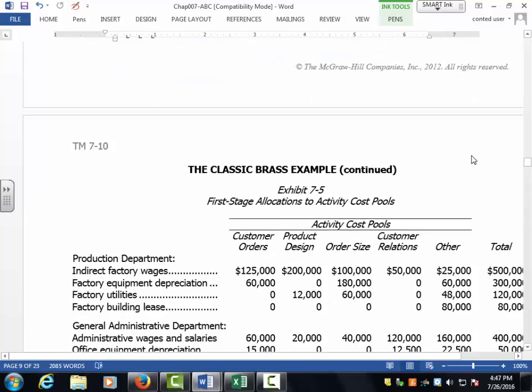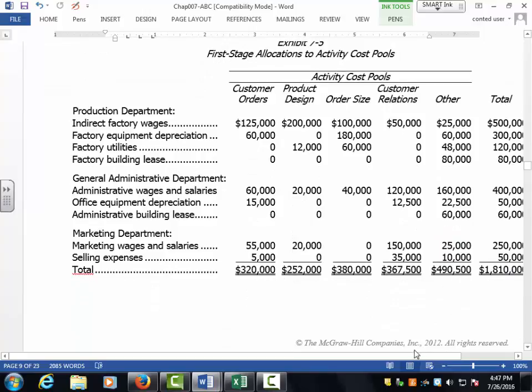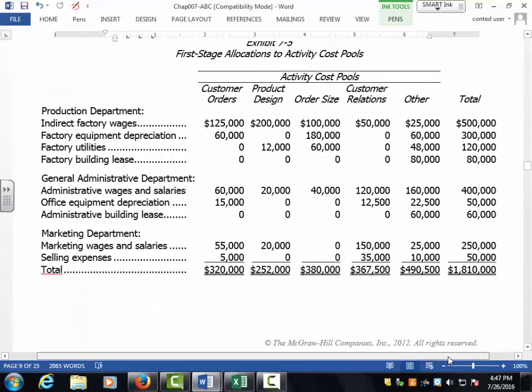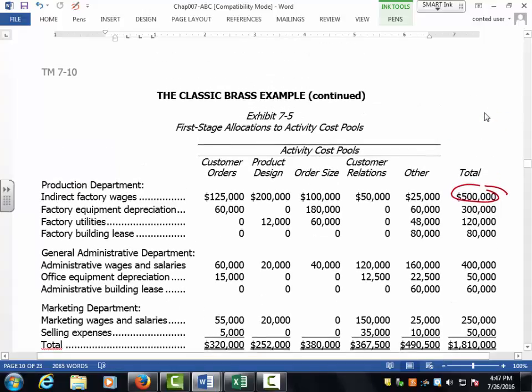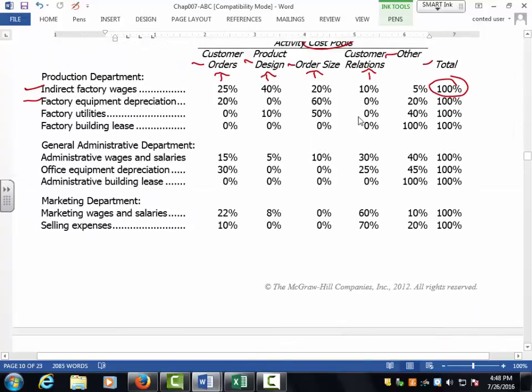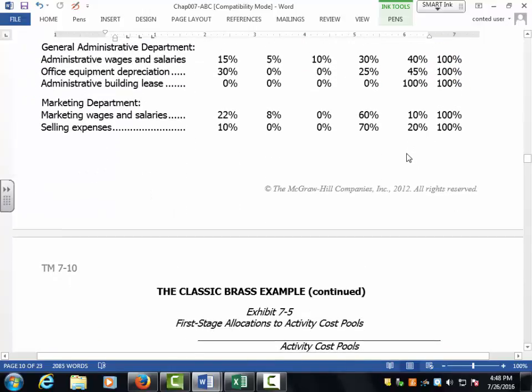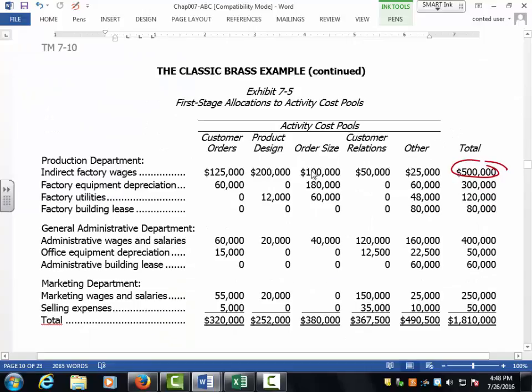Then we'll take that 500,000 total, and then we'll take those percentages. So the percentages up above, 25, 40, 20, 10, and 5. Then we'll take 25, 40, 20, 10, and 5 of that 500,000 and say, this is how we're distributing it per pool. We'll do that with all of these items.